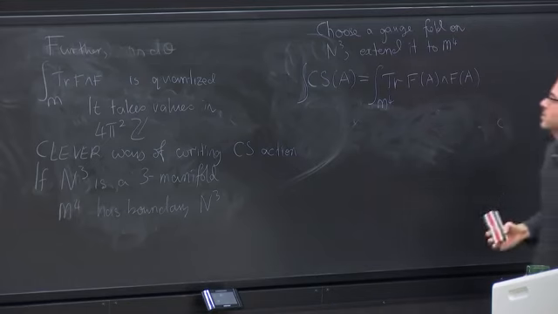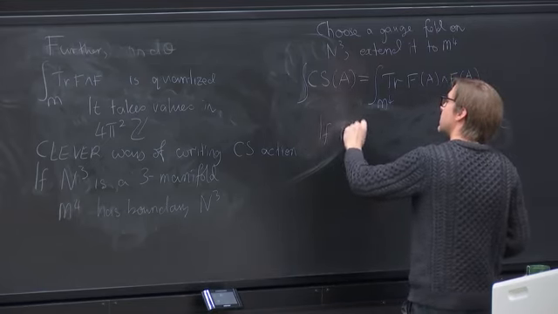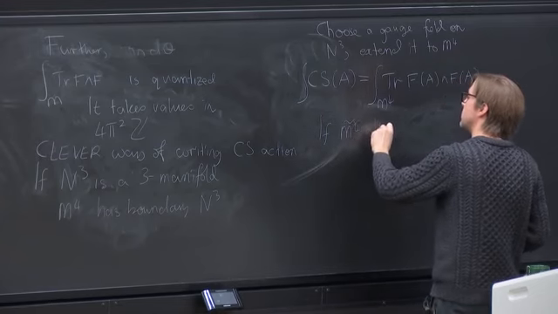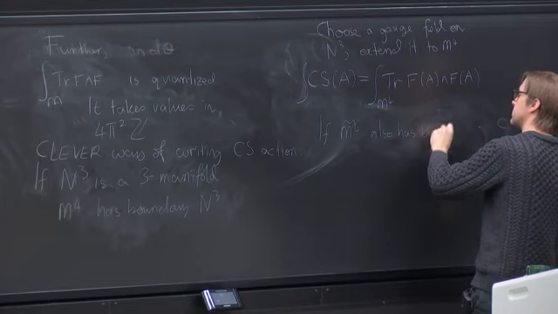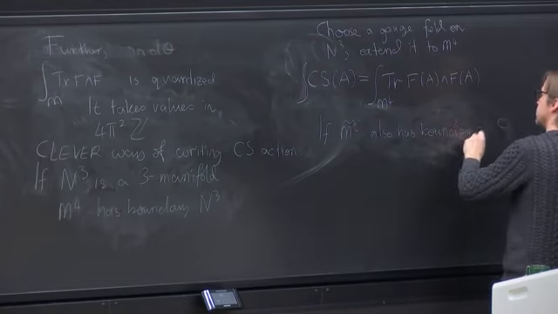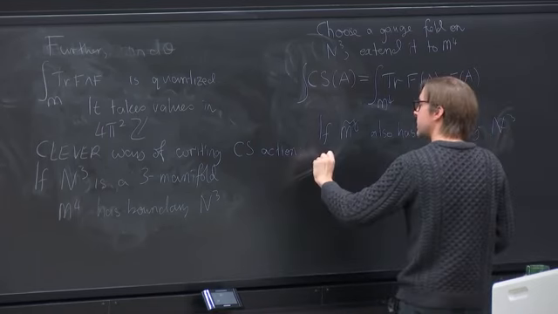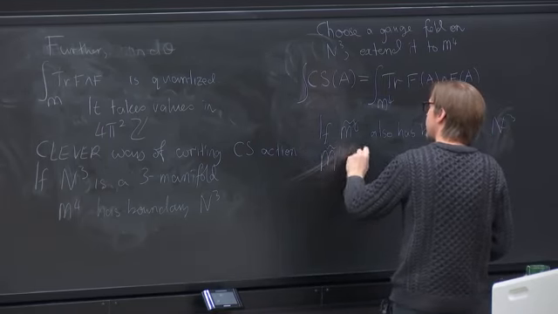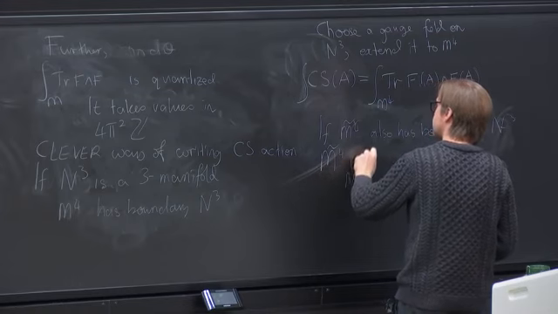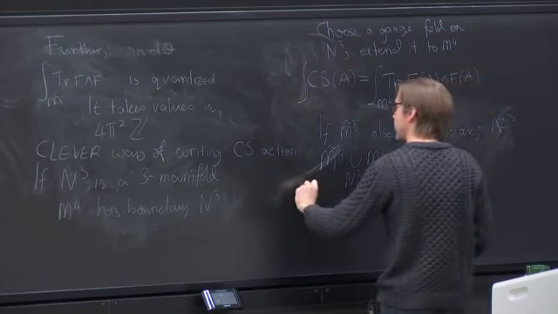So let's see why that is true. If M4 tilde also has boundary N3, then we can form a new manifold. I glue them along the boundary. We call that X. This has no boundary.